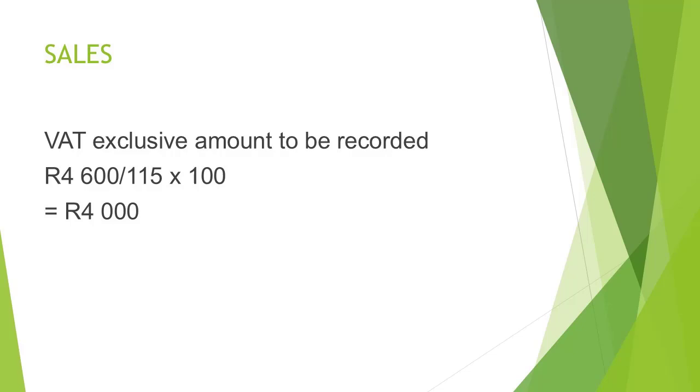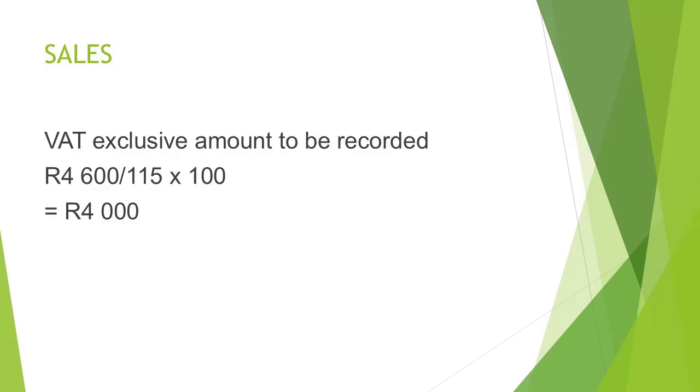In the sales column, we will record the amount exclusive of VAT. The reason for this is that the VAT amount will be paid to SARS and does not form part of the income of the business. The business only collects the VAT on taxable supplies on behalf of the South African Revenue Service. The total amount of the transaction was R4,600.